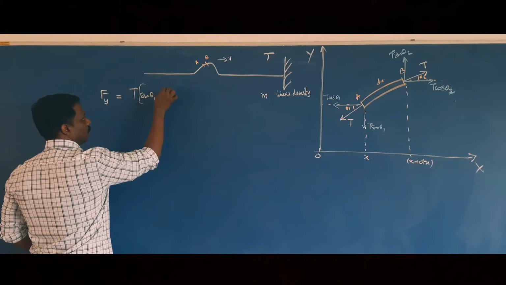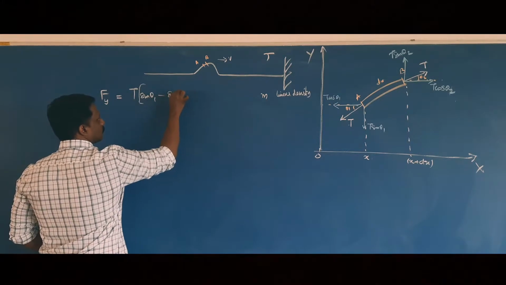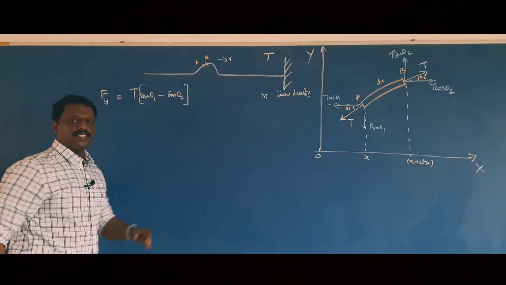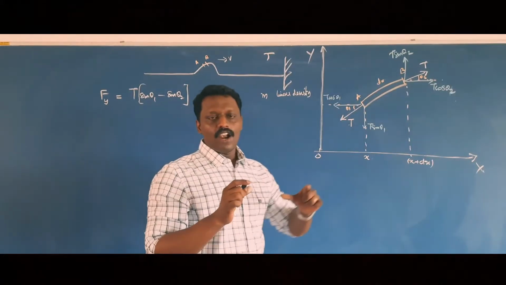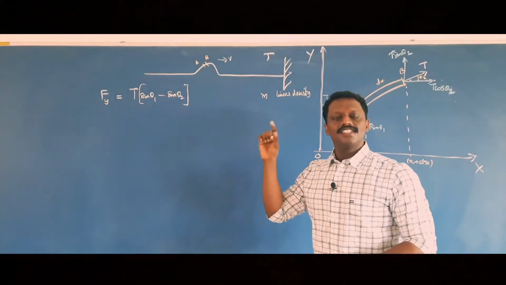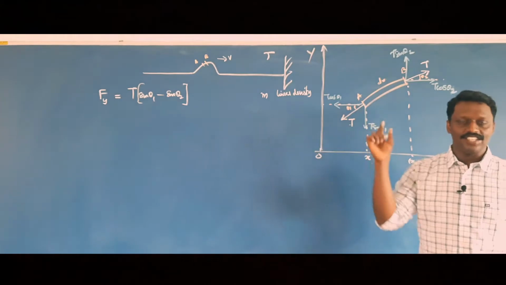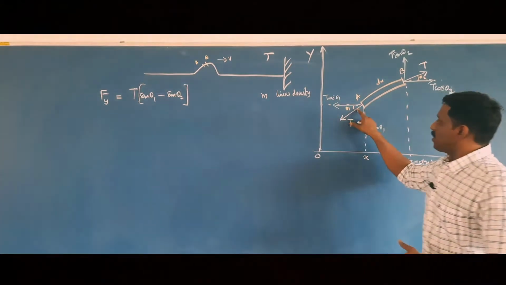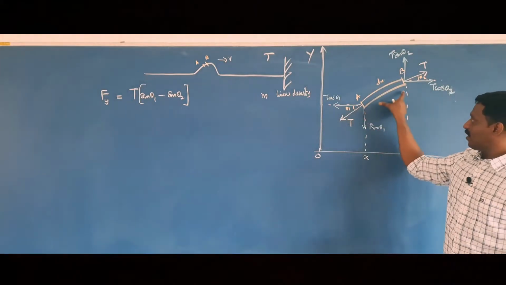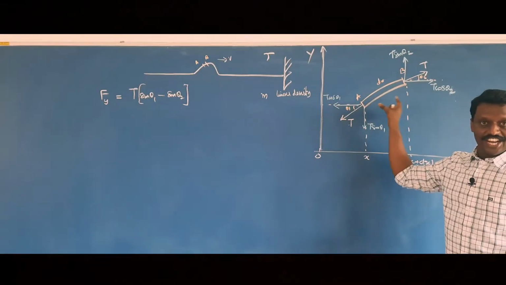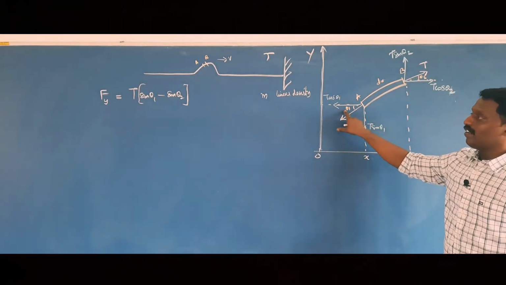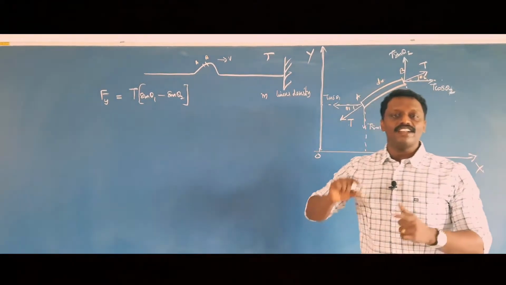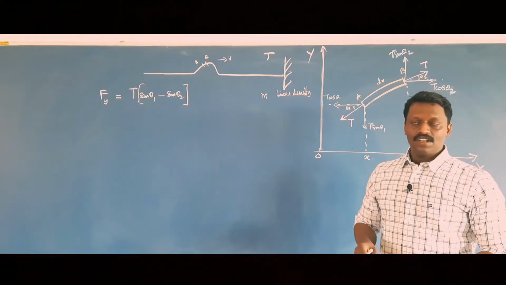So we can take T as common. So the net force on the segment AB of the string along the vertical direction is given by T sin θ1 minus T sin θ2. Now theta is a very small angle considering the very small section AB. So we can say that theta being very small, sin theta tends to be theta itself.